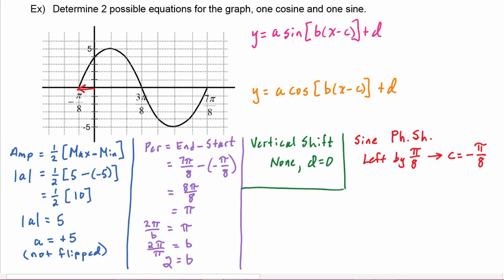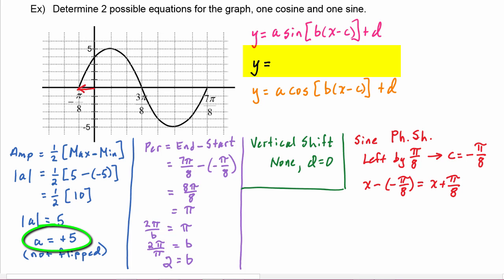So that means that c would have to equal negative pi over 8. If c is negative, remember what that means. You write it as x minus negative pi over 8, which turns into x plus pi over 8. So if we're writing a sine graph, let's see what that would be now. We have y would equal, we found a is equal to 5 times the sine of the quantity, b is equal to 2.